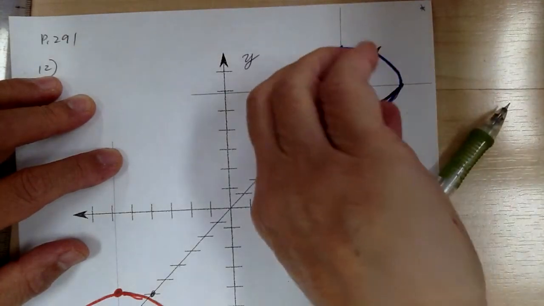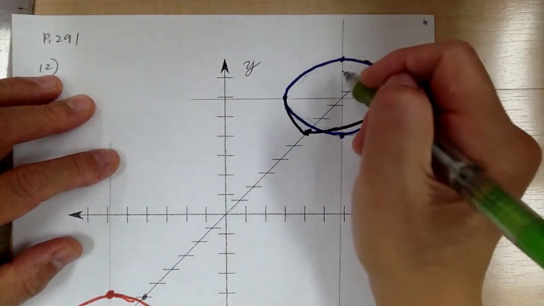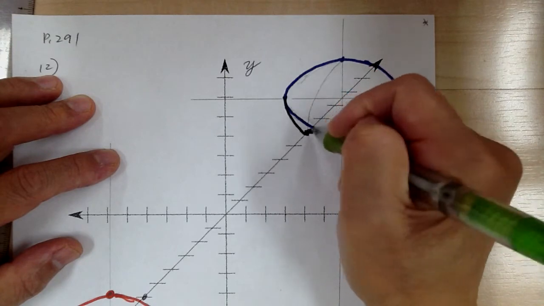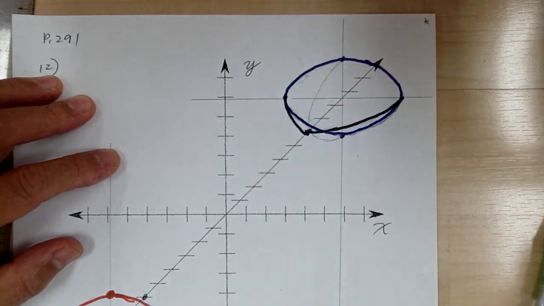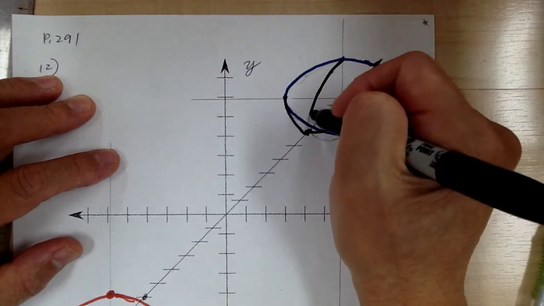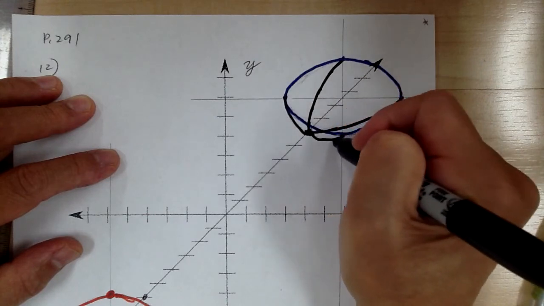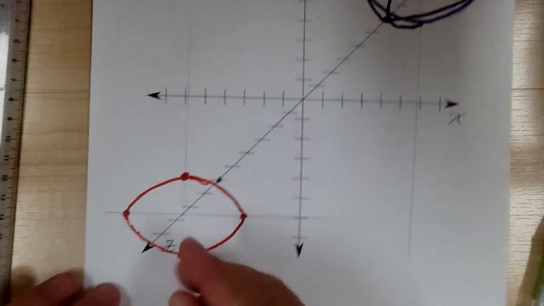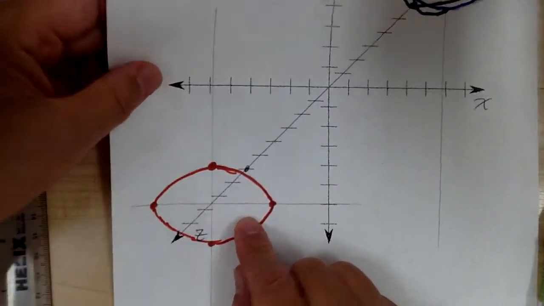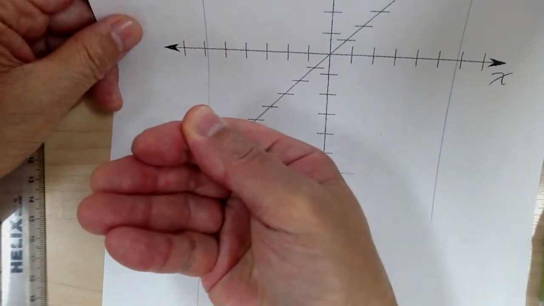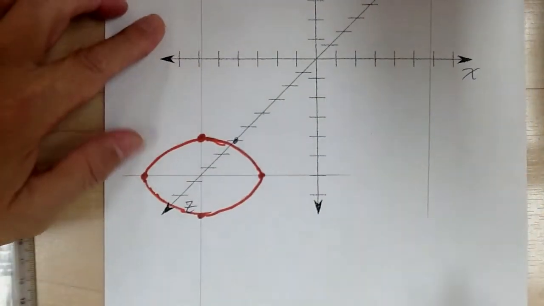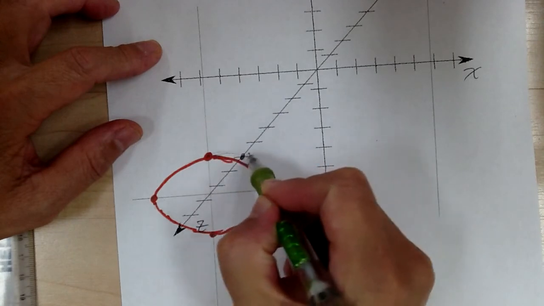This is the ball that is kind of facing away from you. And this one is the front, so it's opening toward you.